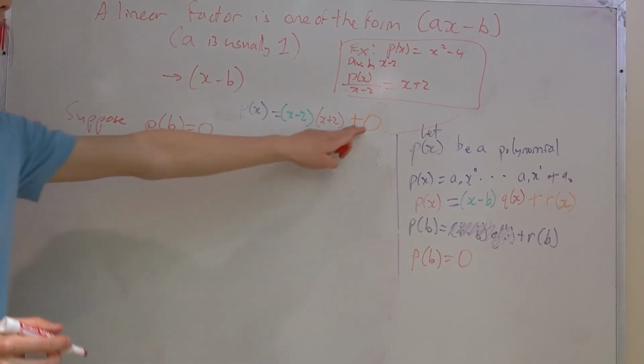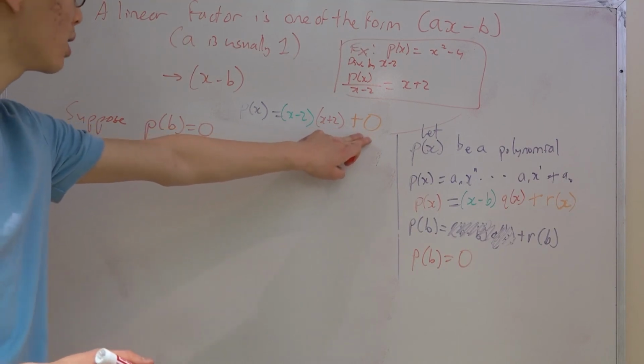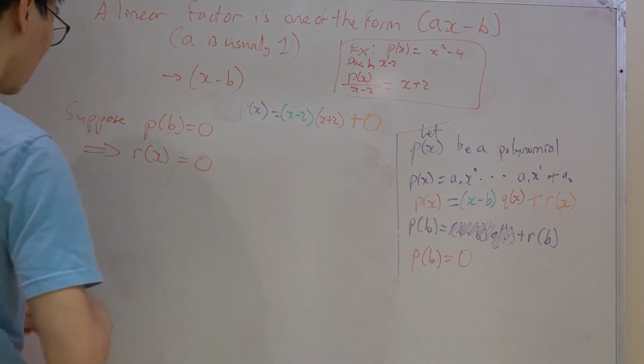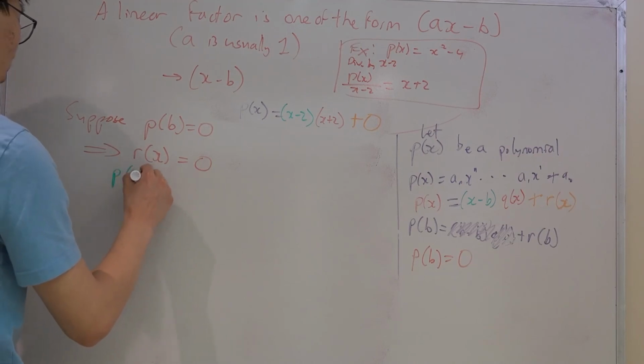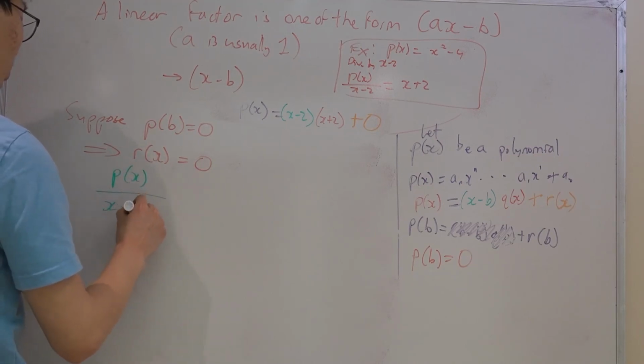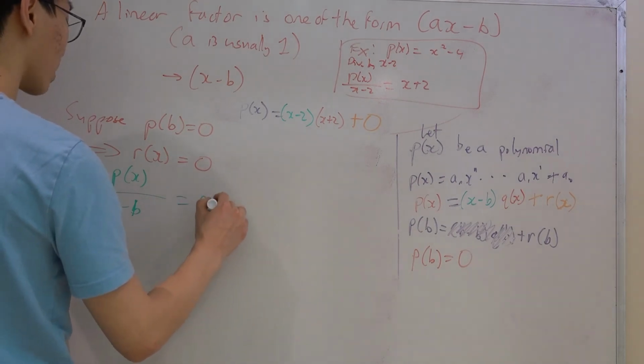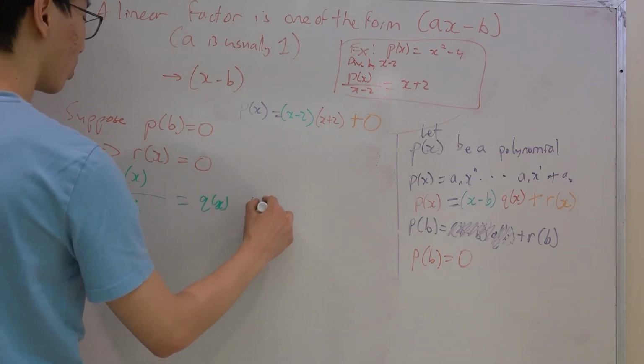R of x doesn't exist. We get a case where r of x is not even present. The second thing that it implies, and this is by far the more important thing, is that p of x divided by x minus b is equal to some polynomial q of x with no remainder.